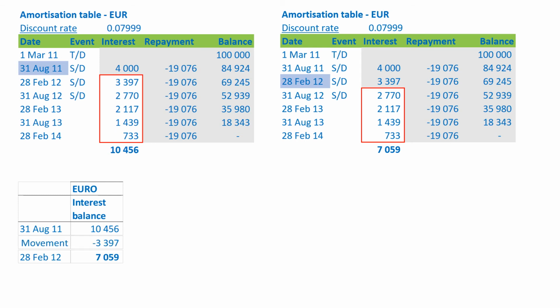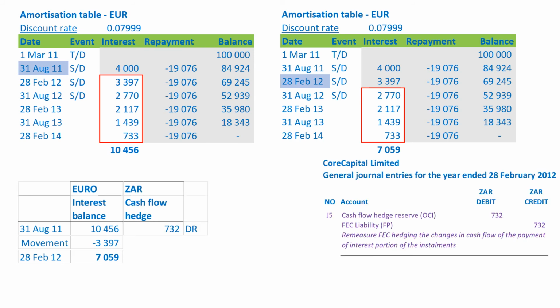The difference between the two is 3,397. In terms of accounting for your cash flow hedge reserve and for the resultant movement within the reserve, you need to understand the mechanics of it. As your interest balance gets unwound, so too will your cash flow hedge reserve also need to get unwound.